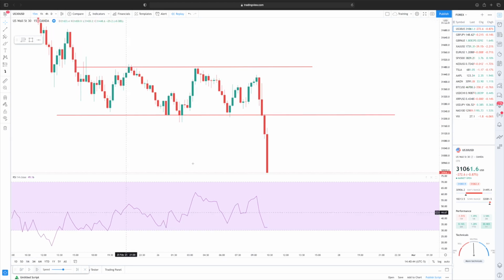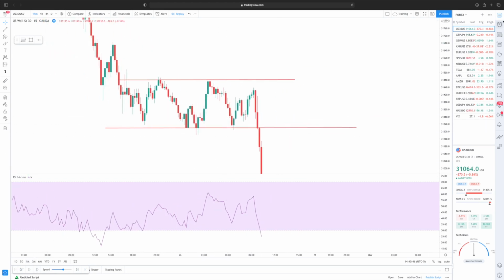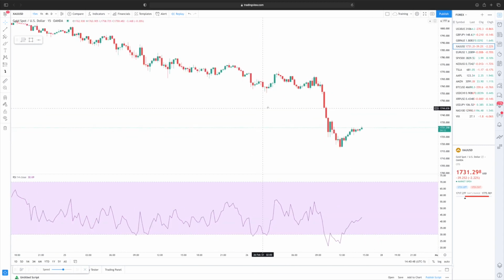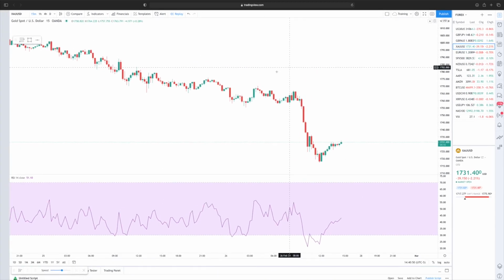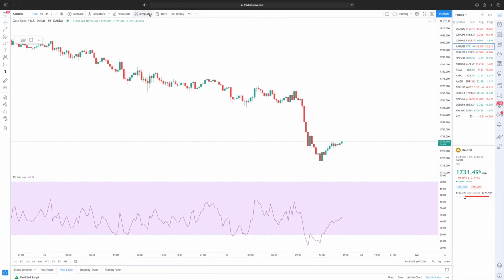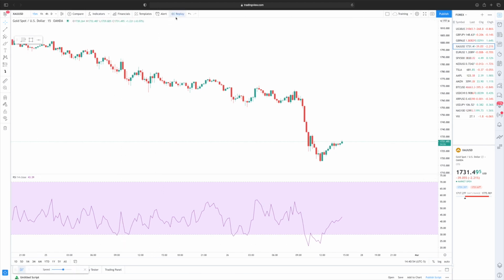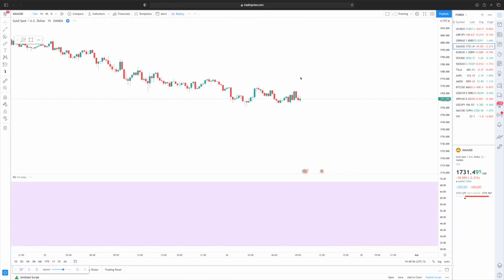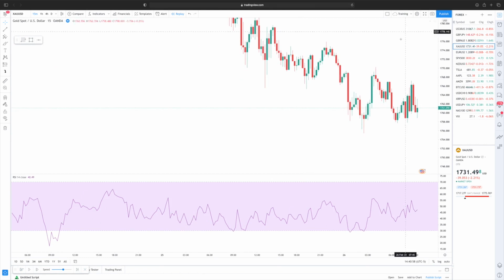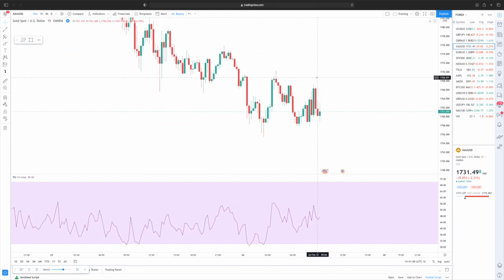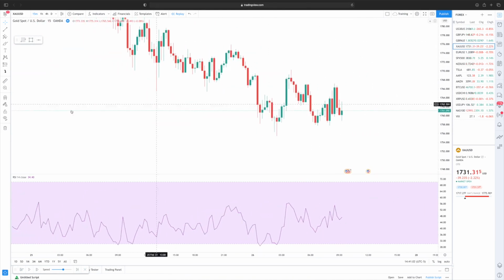So, right now, another example was also today. Let me see here, see if I can find it for you guys. It was right here. Also today, so if we zoom in a little more, we have here another support.